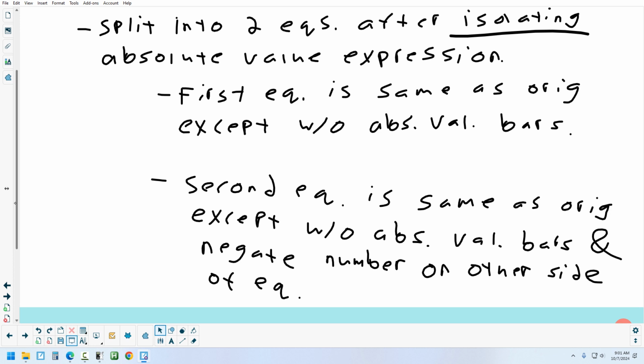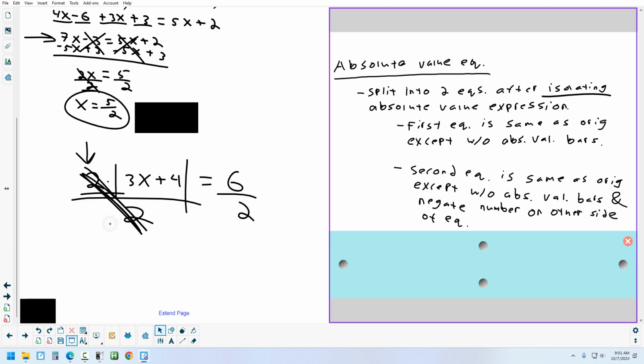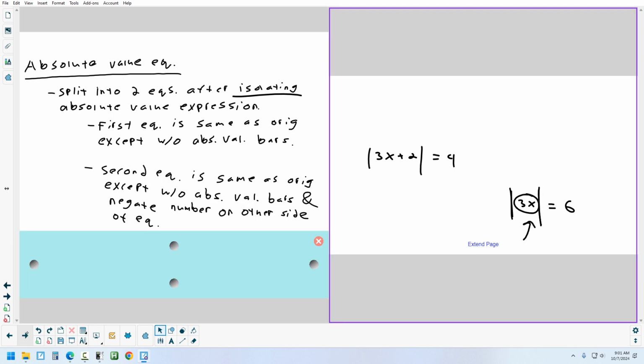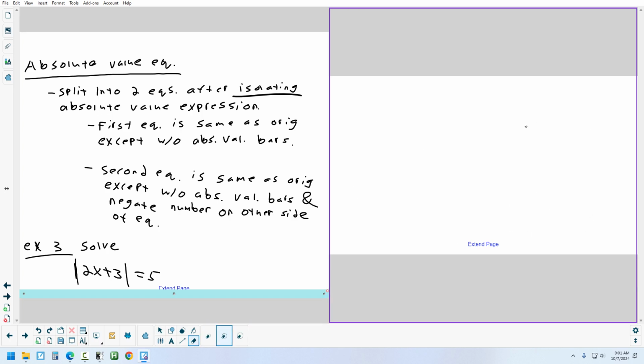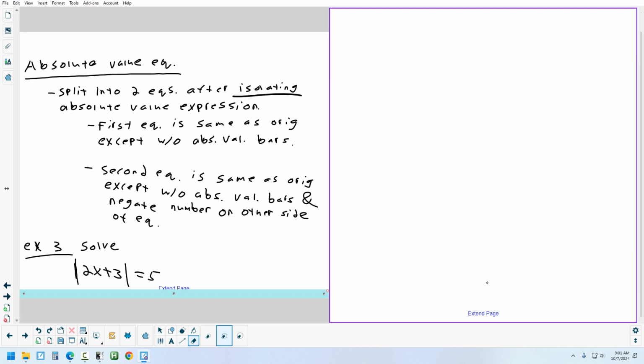Absolute value bars. Yep. Okay, so I'll leave that up while we do the first problem. I'm going to do it off to the side because I have some more space over here.